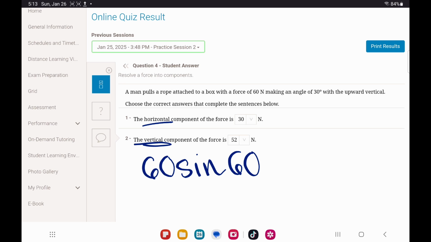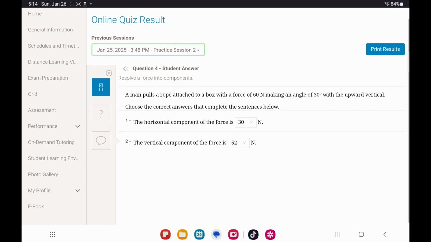Wait, let me do it on my calculator. 60 sine 60, you get 30 radical 3, which is 51.9. In the choices, they give you 52 and they give you whole numbers. They don't give you decimal numbers, so they're rounding it up. So you get 52, which is 51.9 rounded up. And that's the 3.7 quiz done. Let's do 3.8 now.